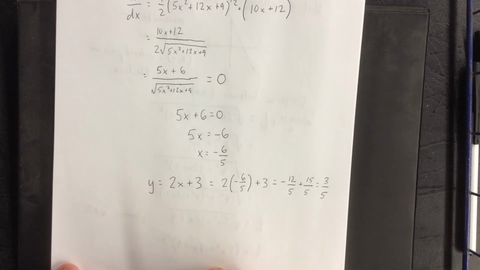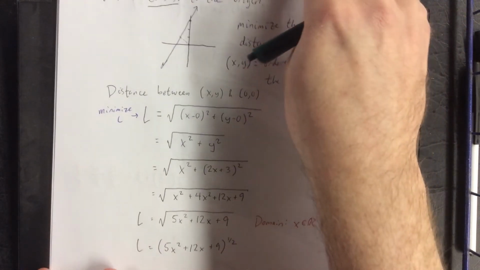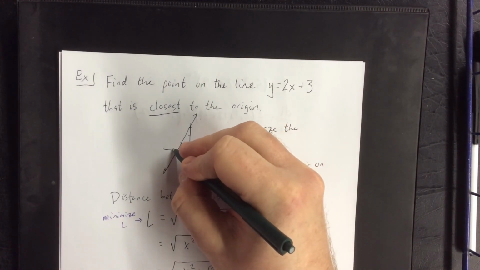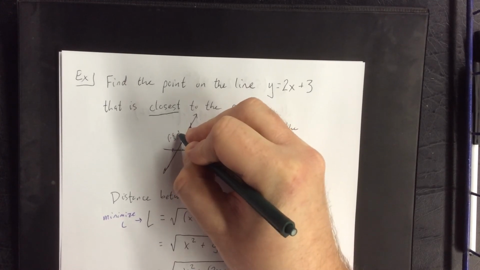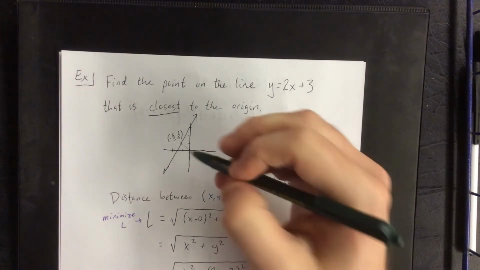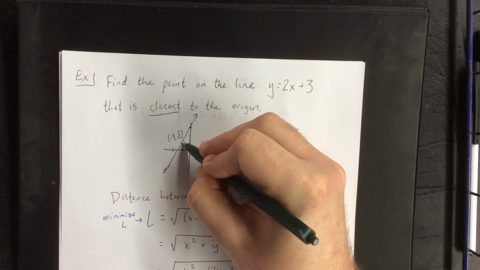I'm going to go ahead and flip back to our original graph and say, does it make sense that this point right here would be about (negative 6/5, 3/5)? I would say so. Now, another quick calculation lets us know that hopefully this problem makes sense. In order to figure out the closest point on here, we would need to go in a perpendicular sense.